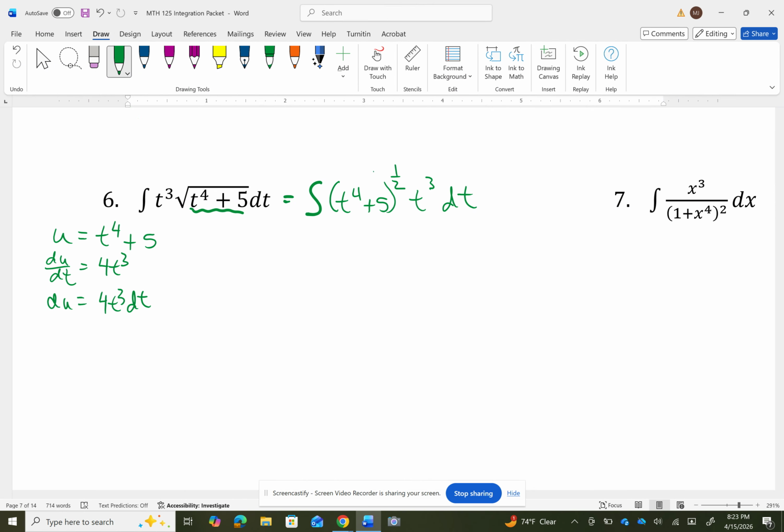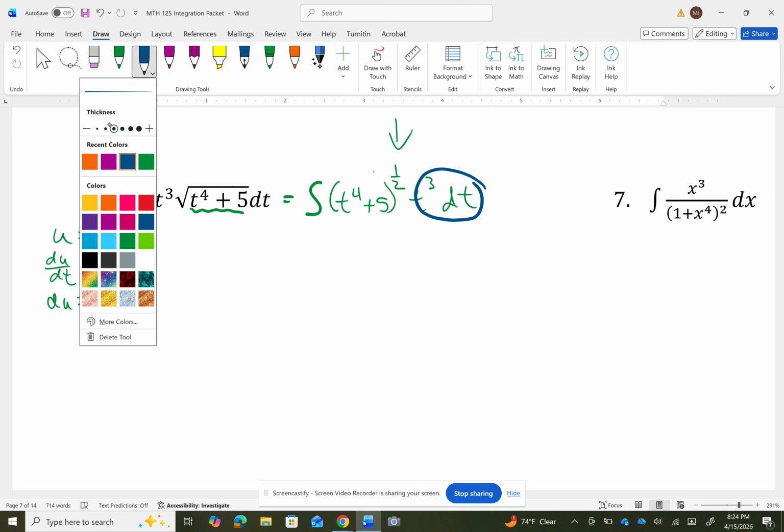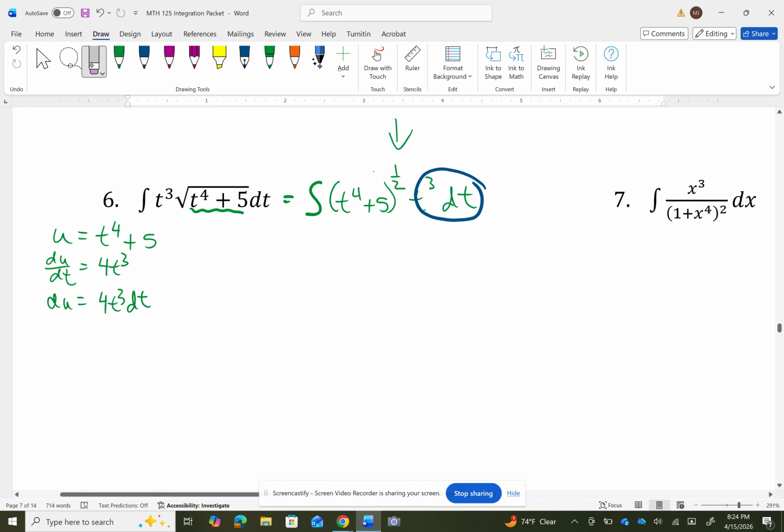And then what I'm going to look at, this is what I like to do, is I'm trying to make substitutions over here and get the t's to be replaced with u's. So I'm noticing the t to the third dt, oops, that's too thick also. Let me get that thinner, and let me try that again.